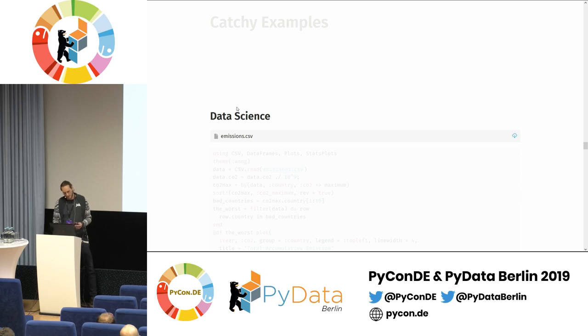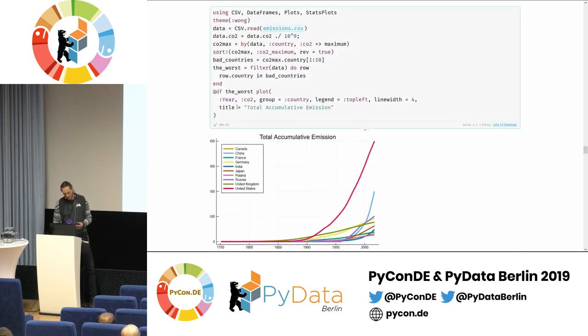Now, some catchy examples I selected from data science. This is the state-of-the-art CSV parser, which is by now in performance on par with the fastest CSV parsers there are.